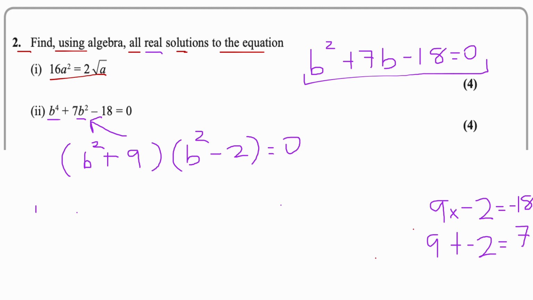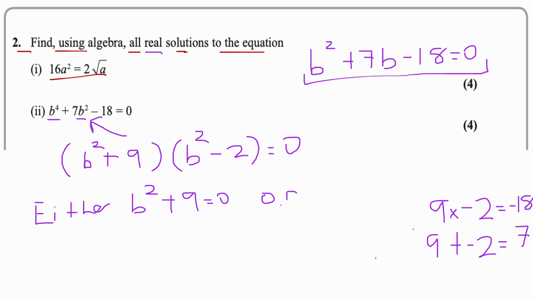So either b squared plus 9 is equal to 0, or b squared minus 2 equals 0. Now hopefully you can recognize that for the first bracket I don't have any real solutions, but the second bracket I can solve as normal.